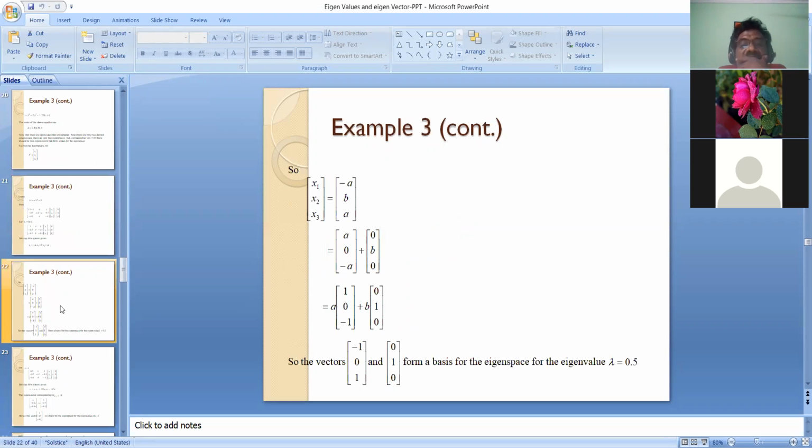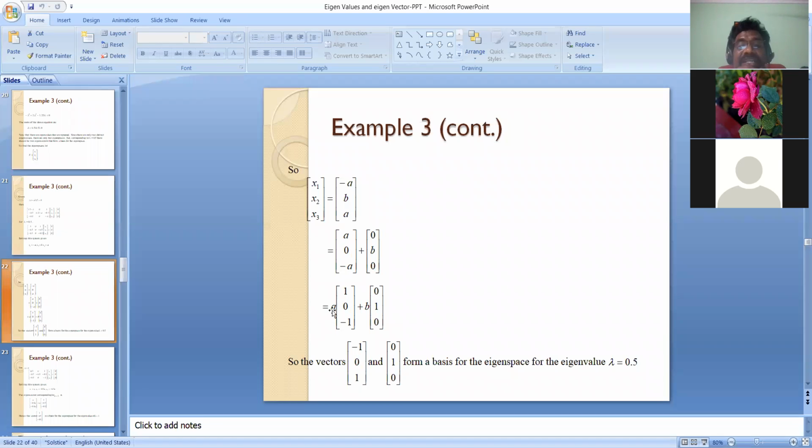Next, (x1, x2, x3) equal to (minus A, B, A) can be written as a sum of 2 vectors, say (minus A, 0, A) plus (0, B, 0). This is nothing but a linear combination of 2 vectors.